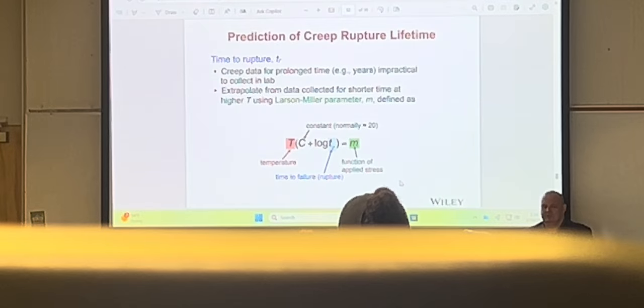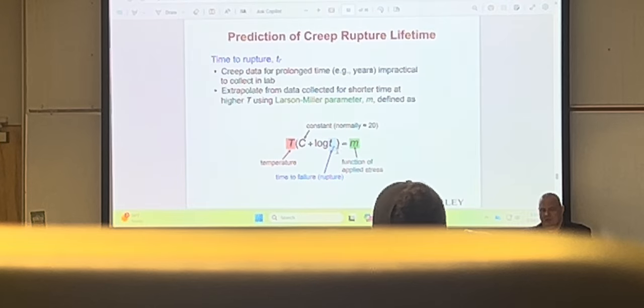So what we do is an accelerated test using the Larson-Miller parameter M: T times (C plus log t) is equal to M. T is the temperature, C is a constant, t is the time to failure, and M is a function of the applied stress. So we load a lot, we heat it up, and it fails, and we can extrapolate what time it would take for the part to fail at a lower temperature.